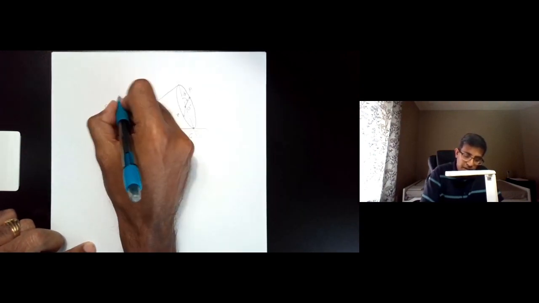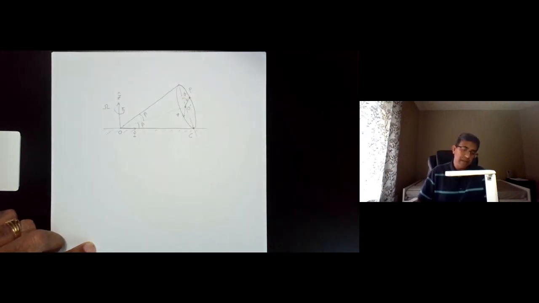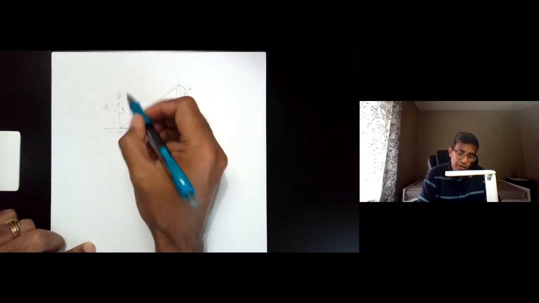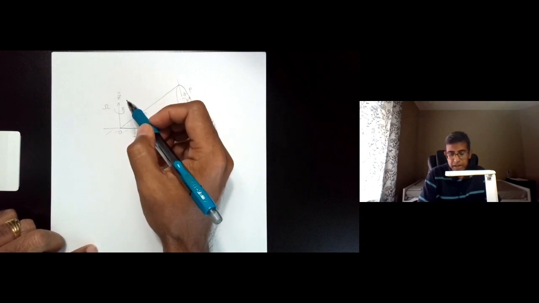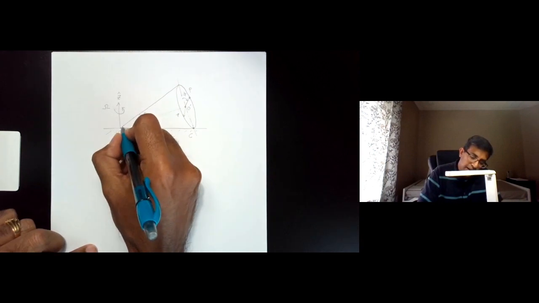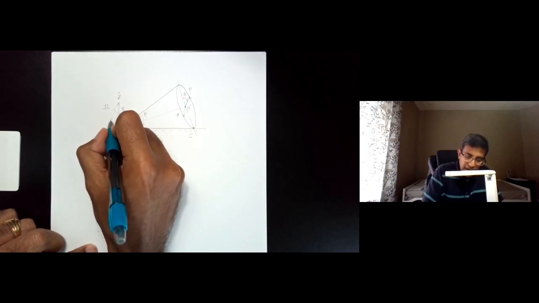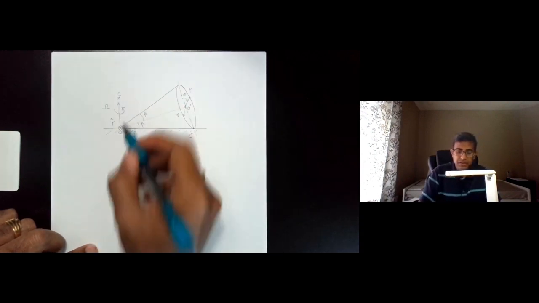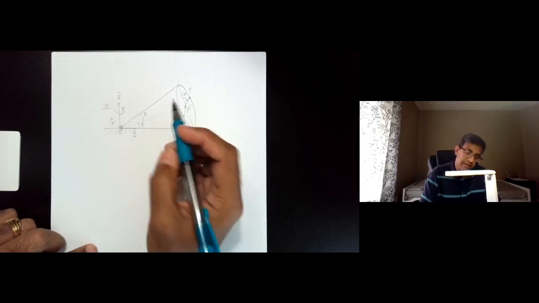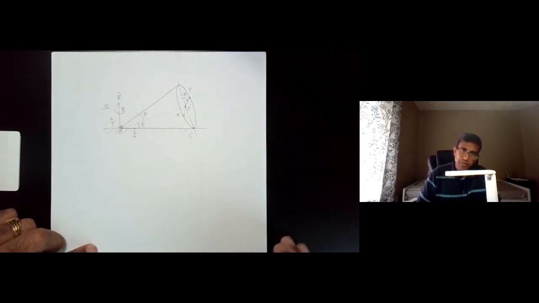So capital Z hat is the unit vector in the vertical direction, and then the unit vector y hat is the unit vector which is mutually perpendicular to I and Z, and it is pointing into the surface, thereby forming a right-handed coordinate system, right?